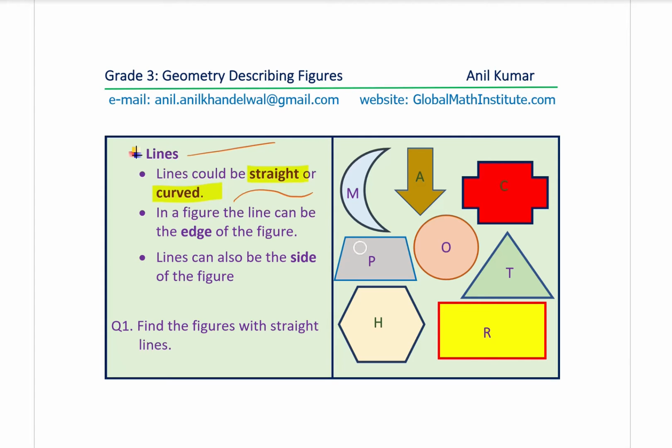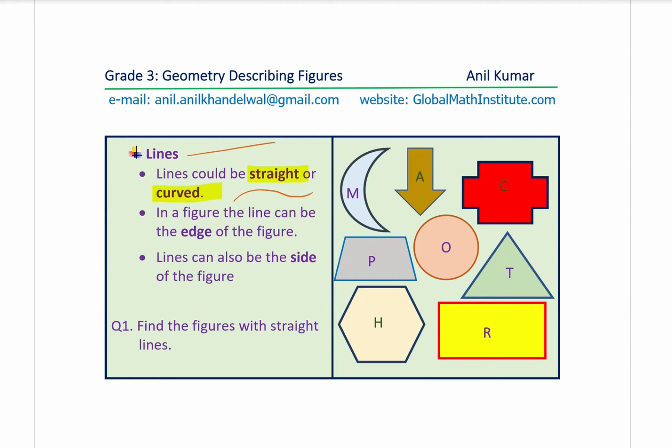A line is normally the boundary of the shape, right? What you see outside of the shape really defines the shape. Outside of the shape is a line which could be straight or curved. In a figure, the line can be the edge of the figure also.